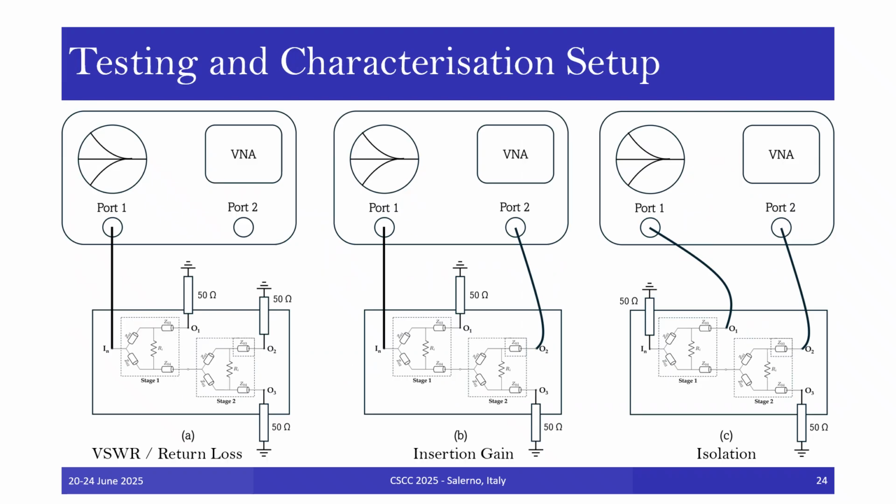The measured performance of the implemented power splitter was obtained using the Siglent SVA1032X VNA. The test setups used for the characterization of the power splitter are shown on the slide. Since the VNA has only two ports, the measurements had to be split into three categories: VSWR and return loss port measurements, insertion gain measurements, and isolation measurements.